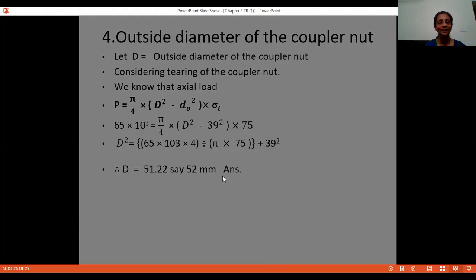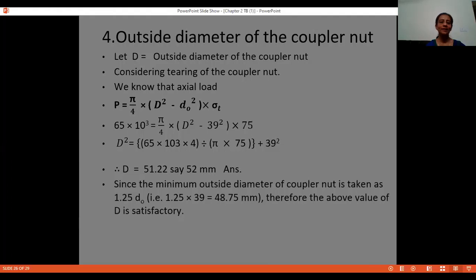Now let us check whether it lies in the given range. So range is from 1.25 times DO to 1.5 times DO. 1.25 times DO is 48.75. And as we can see that our value is more than the minimum range value, therefore this D is satisfactory and we will be considering 52 mm as the safe value.